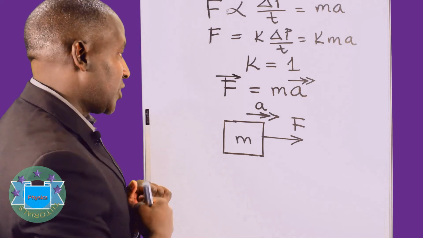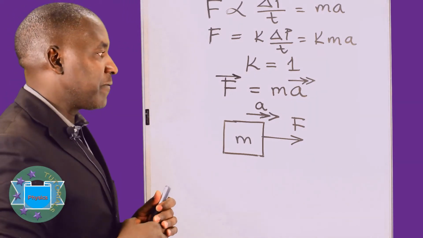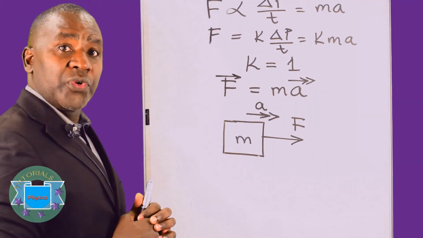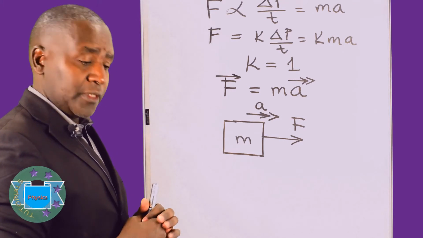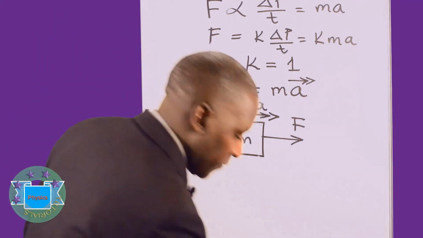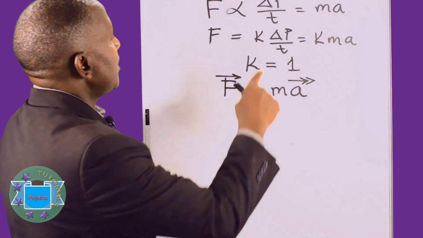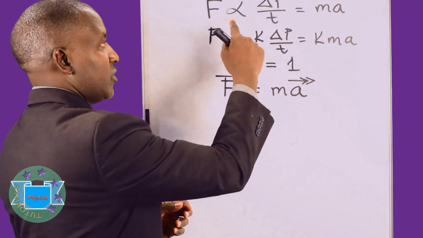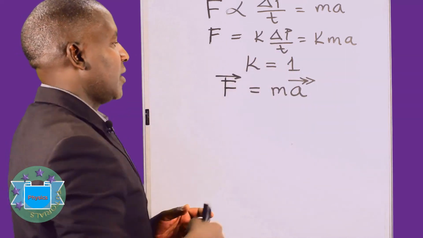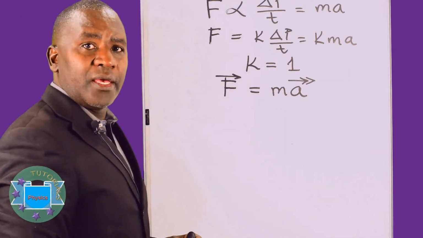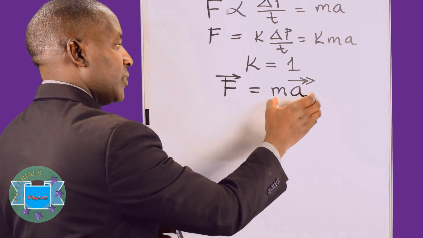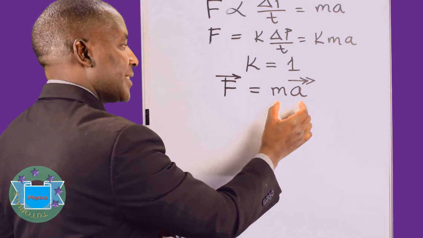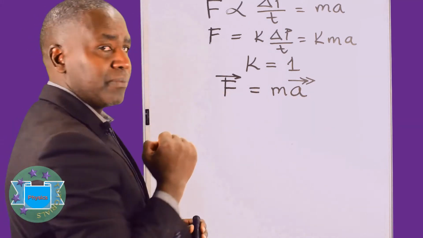Now at this point, I would like us to define units of force. Before I define units of force, I want to use this equation here, because it is basically the same thing. F is equal to ma, and if we look at the right hand side, it is referred to as rate of change of momentum.